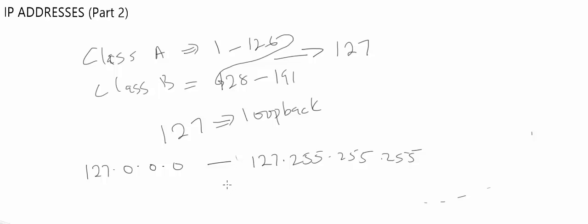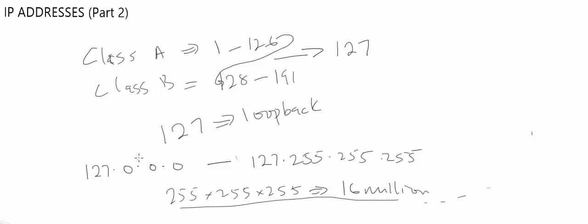When the people that created the IP addressing scheme did this, they left out about 255 times 255 times 255. This is about 16 million addresses within this range.